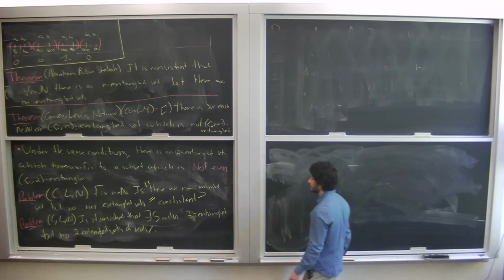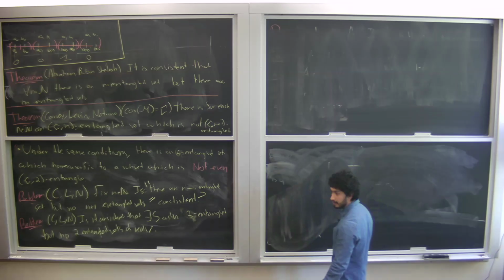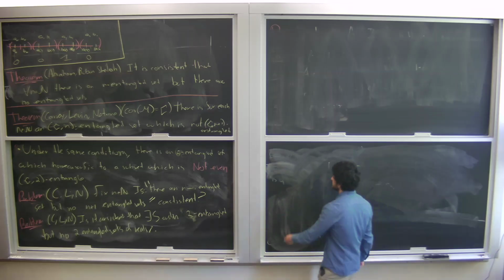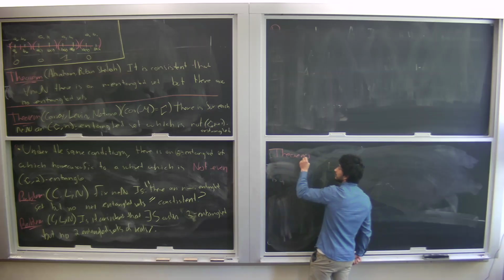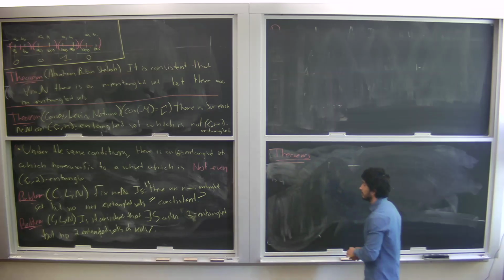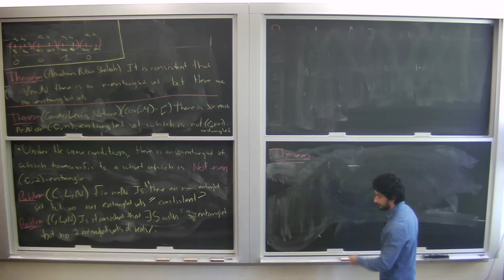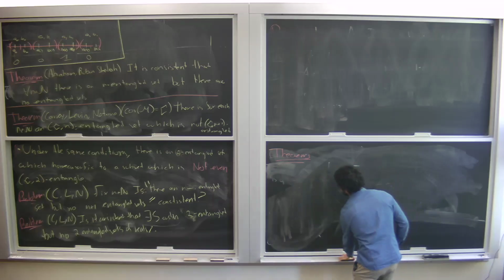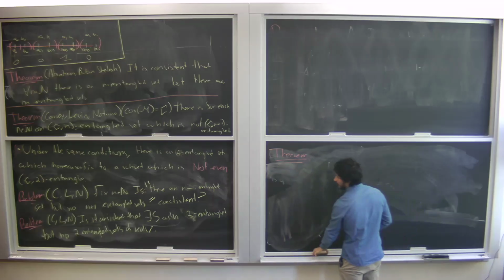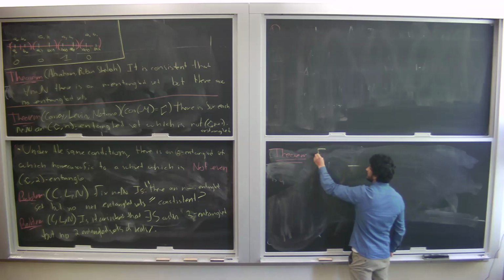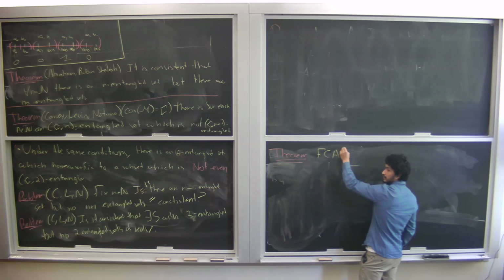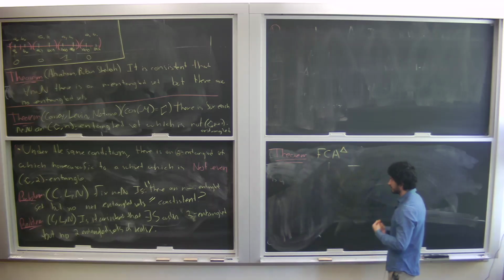So well, now let me just talk about the theorems that I proved today. Well, the first theorem, I have already spoken about this axiom, FCA delta, which is you have construction schemes.